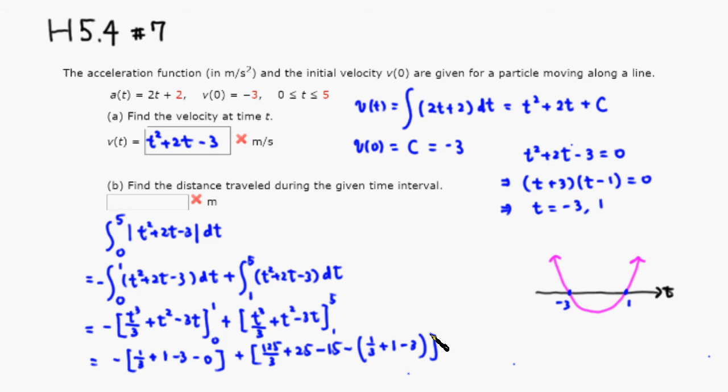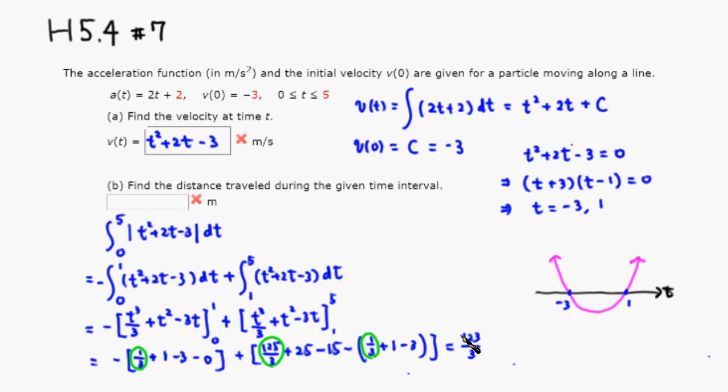So let's compute this. I'm going to put these together. You have negative 1/3 and another negative 1/3, so negative 2/3. Then you have 125 over 3, so it's going to be 123 over 3.